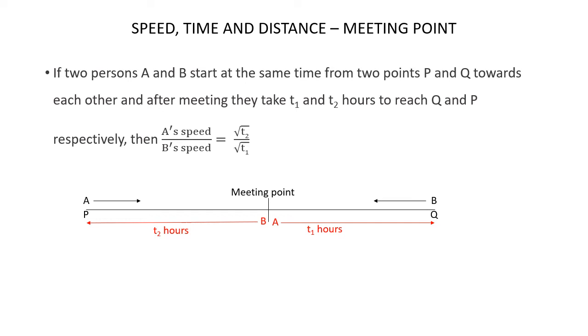Now supposing A starts from the point P in this direction and B starts at the same time from point Q in this direction.